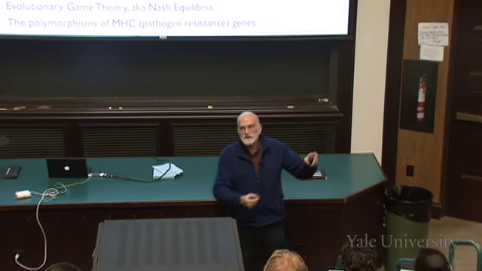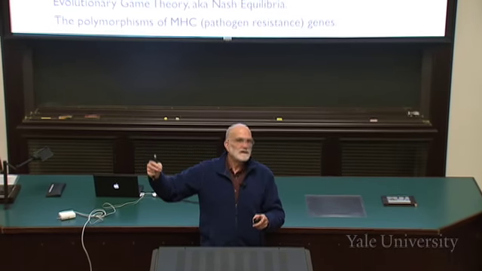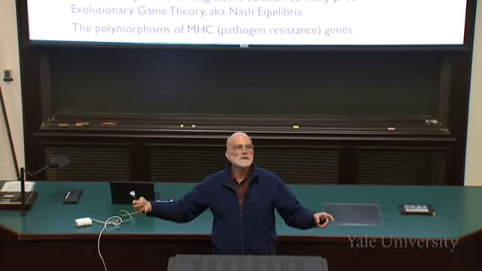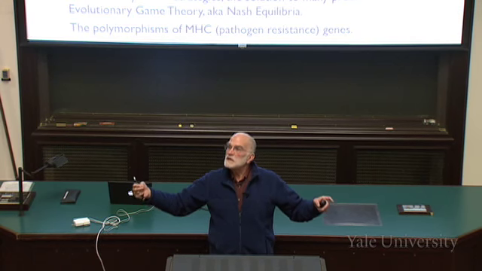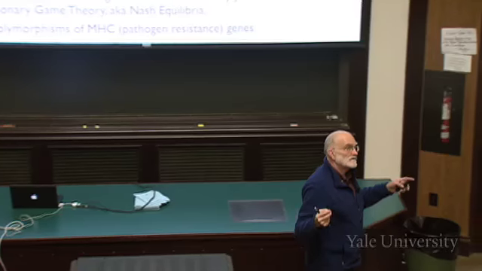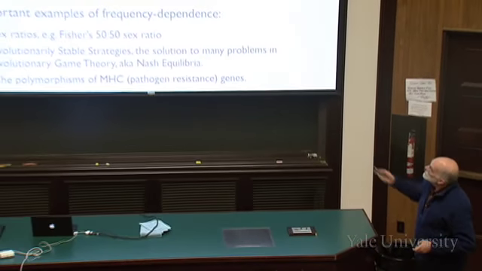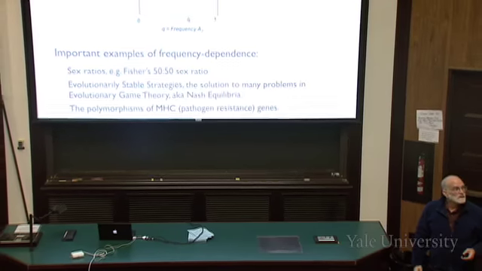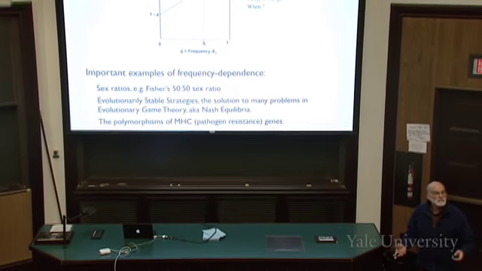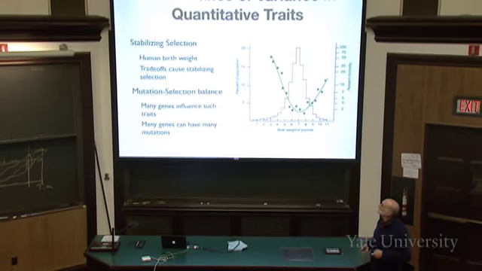And then as they start to increase in frequency, same process occurs. Same process, it continues again, and after a while, you've got hundreds of genes, each of which is advantageous at low frequency, and none of which are advantageous at high frequency. So this is a very important kind of mechanism maintaining genetic variation in natural populations, including our own.